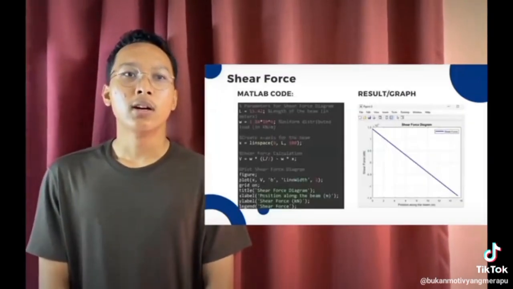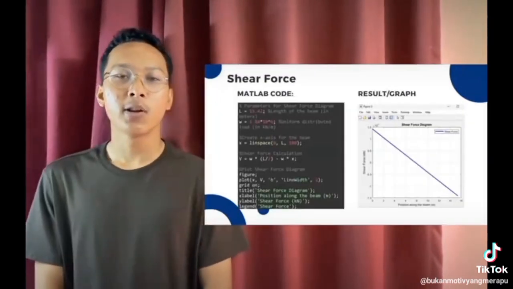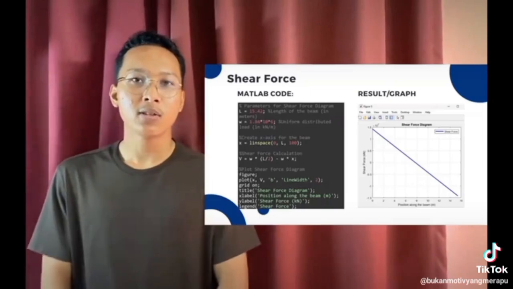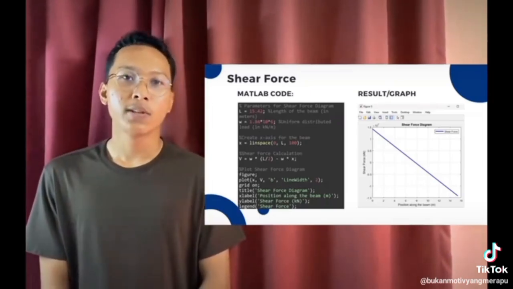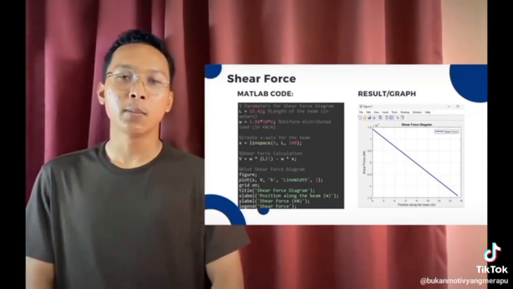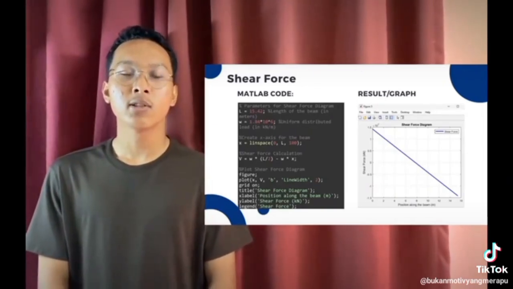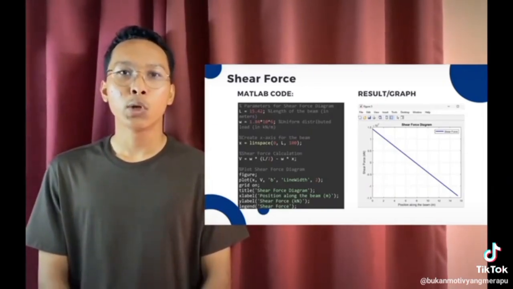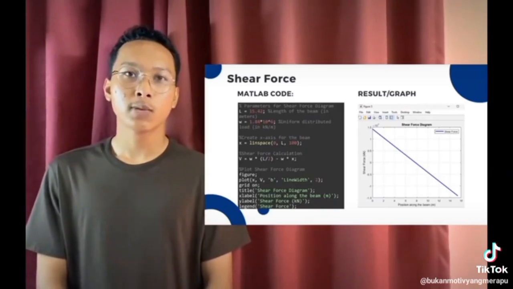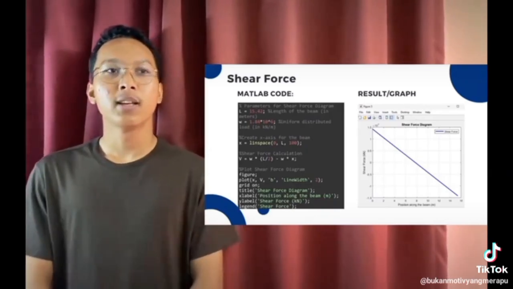So this is a MATLAB code to calculate the shear force. First, we insert all the information such as the length of the beam, which is 15.42 meters, and the uniform distributed load, which is 1.84 times 10 to the power of 6 kilonewton per meter.